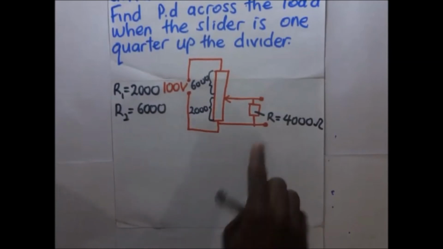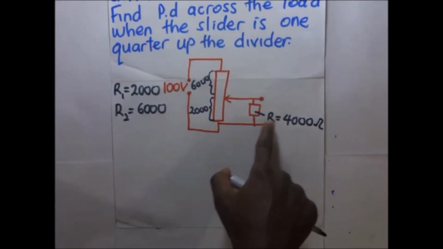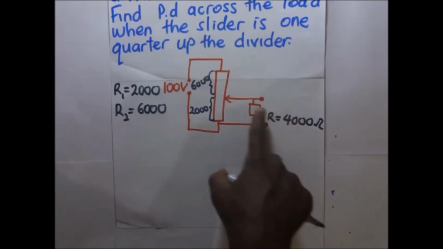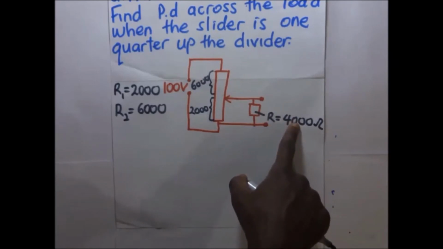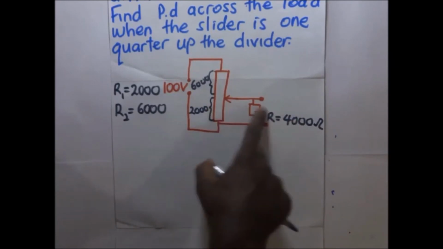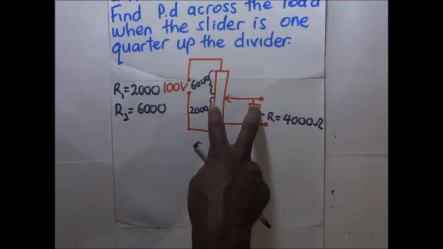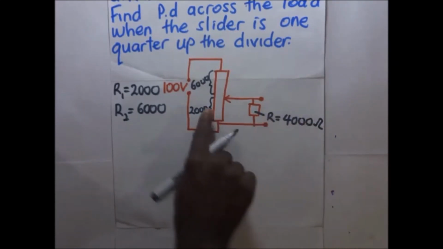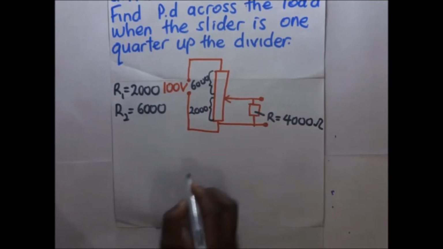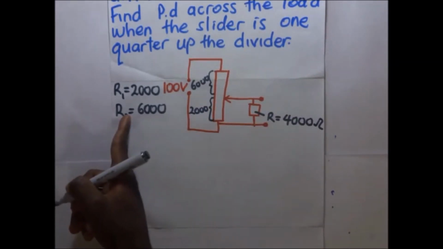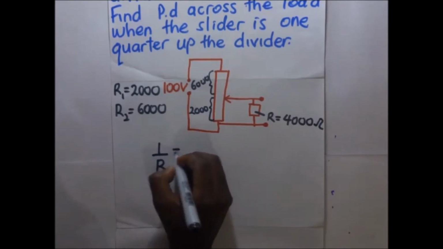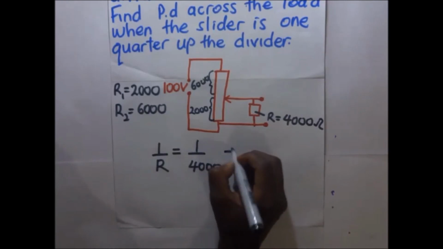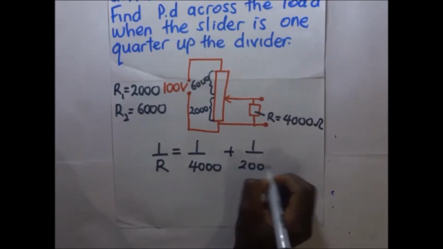Now, for us to get the voltage output, the voltage across here, we remember this is loaded with another resistor of 4,000 ohms. So we need to first find the effective resistance here, so that when we get the effective resistance, then we can apply the other. So the effective resistance across the 4,000 and the 2,000 here, we shall call it the effective resistance: 1 over R is going to be equal to 1 over 4,000 plus 1 over 2,000.